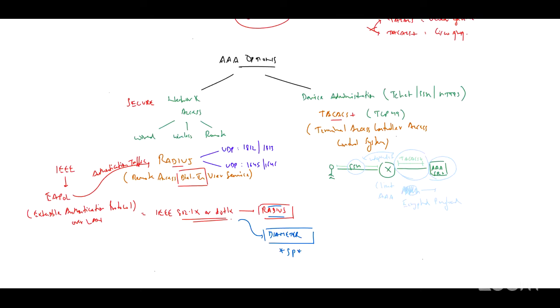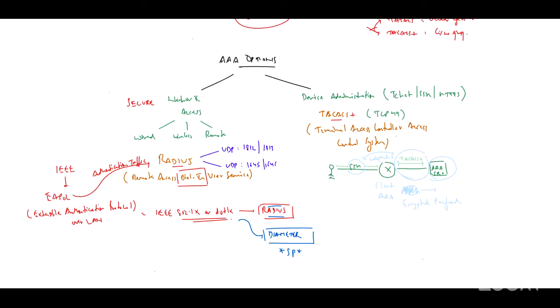So being UDP, Radius is obviously not a reliable kind of thing. It has its own ways to achieve reliability, but from a transport layer perspective, it's UDP. Another differentiation is with respect to how it carries the credentials.